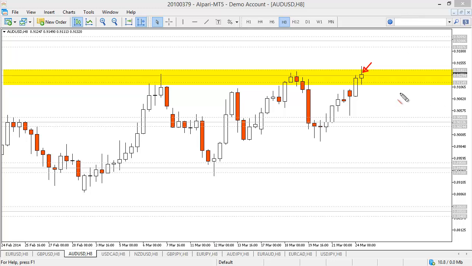What we're seeing right now on the AUD USD 8-hour chart is indecision. Buyers were in control of price here. Buyers were overall in control of price here, because it does have a pretty long lower wick, so buyers did take control towards the end of this candle, although it did close with a bearish body. But let's just say here buyers in control of price, but here it's hit our area of resistance.